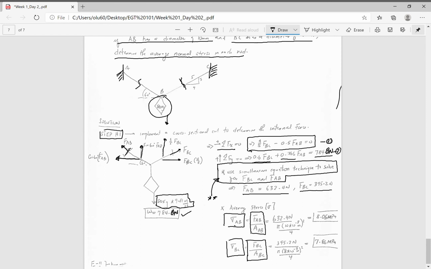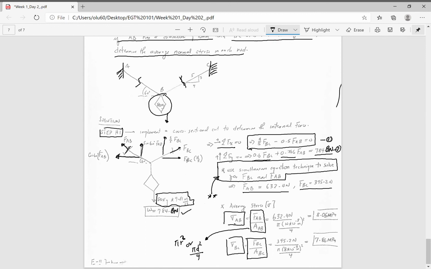Just repeat that carefully. Remember here that your area can be pi r squared, or pi d squared over 4. It's really up to you which formula you use.